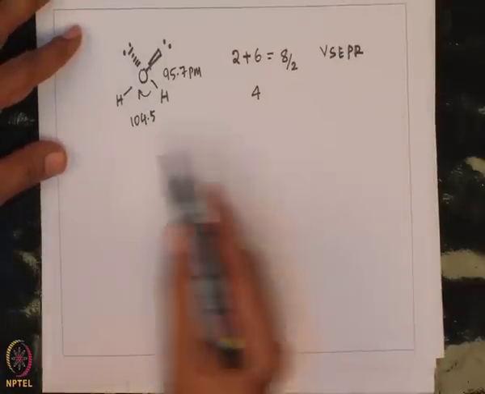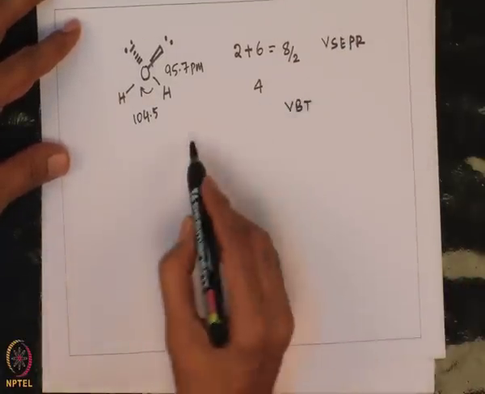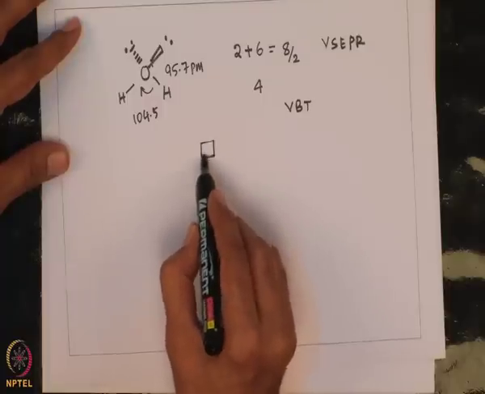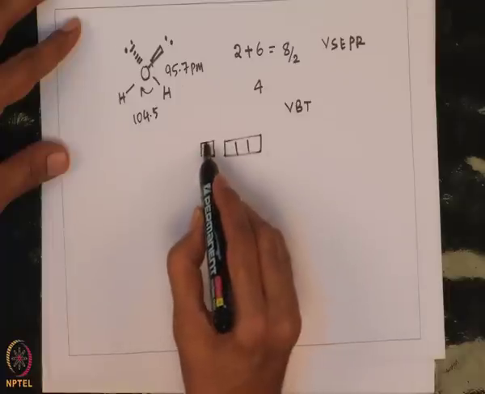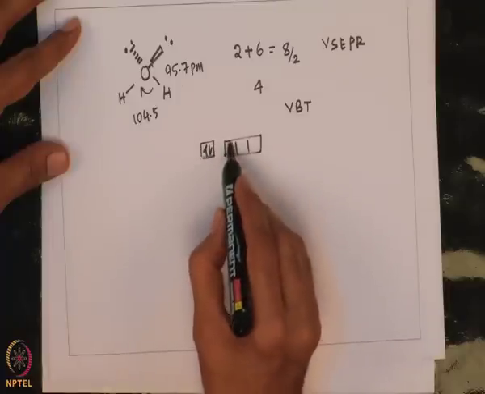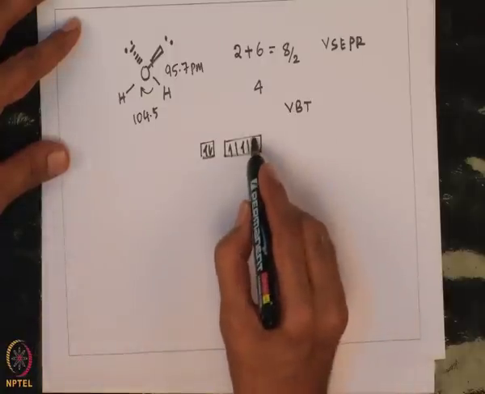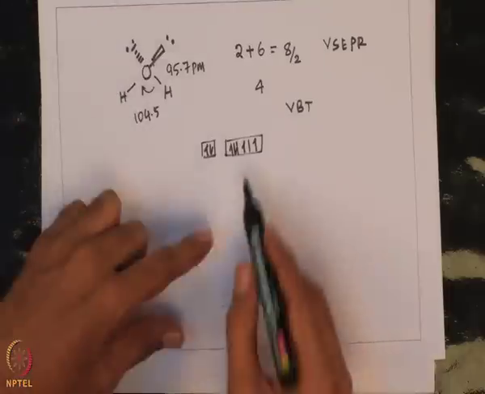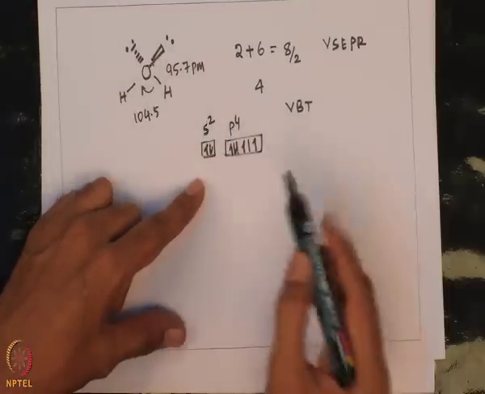Similarly, we can use valence bond theory. In valence bond theory, let me write the electronic configuration in box type. These are s electrons and we have the p electrons. So, in the case of p we have 4 electrons, in the case of s we have 2 electrons.